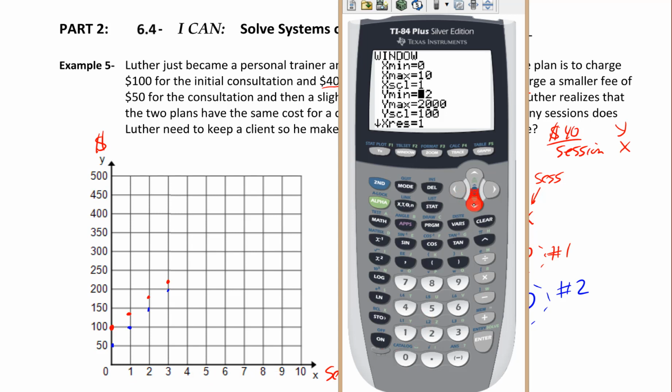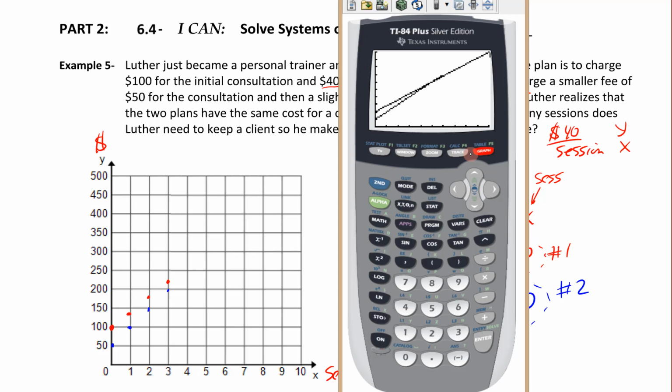And then the y minimum, the y starts at 0, so we're going to put in 0. It goes all the way up to 500, so we'll do 500 here. We actually, whoops, it deletes that 0 for us, so we're in good shape there. And then let's put that it puts a tick mark every, so that's the y scale, every 50 units. Okay, and again, don't worry about the x resolution. So we're going to hit graph, and we're going to see what we end up with.